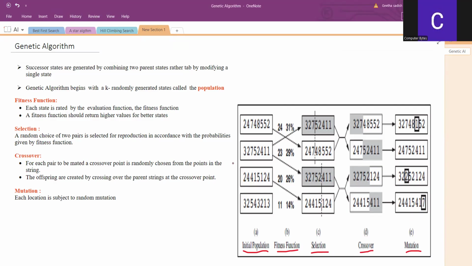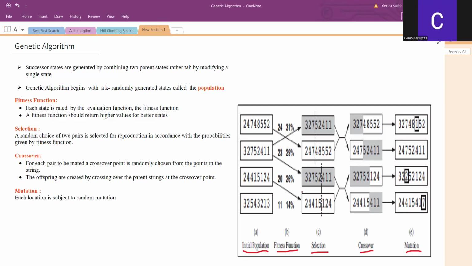For one iteration, it has to go through all these stages, and at the final stage of the mutation, whatever states are generated will be taken as the initial population for the next iteration. Likewise, iteration by iteration, it improves the states and produces the best solution. That is the concept behind the genetic algorithm.